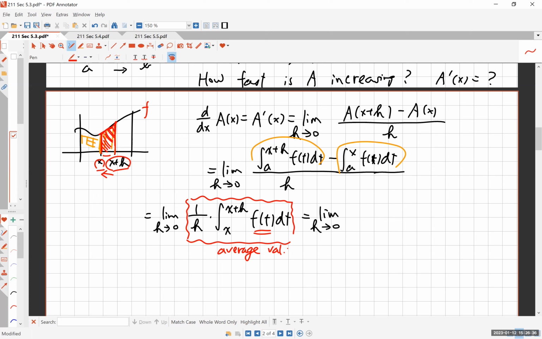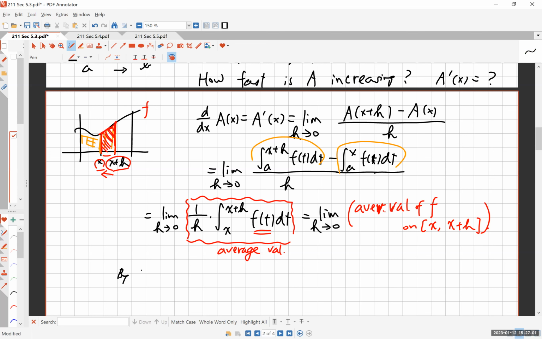Okay, so this is the limit of the average value of f on this interval from x to x plus h. That's what we are trying to find out.